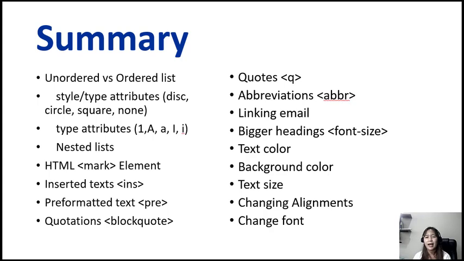We also learned how to create hyperlinks so that whenever it is clicked, it will open the default application used to create emails, and it will set the default email address to the one that we have specified in our HTML file. We also learned how to change the default or the normal size of our headings using font size. We learned to change the color of our text, the background, the text size, the alignments, and of course the font.